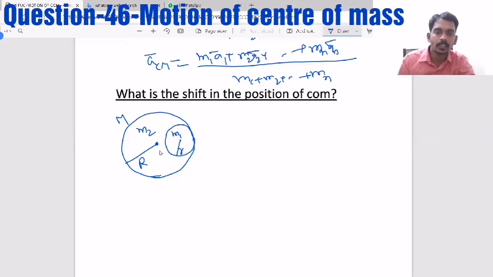The original center of mass is C, and C1 is the center of mass of the removed portion, and the center of mass of the remaining portion will shift to another point C2.